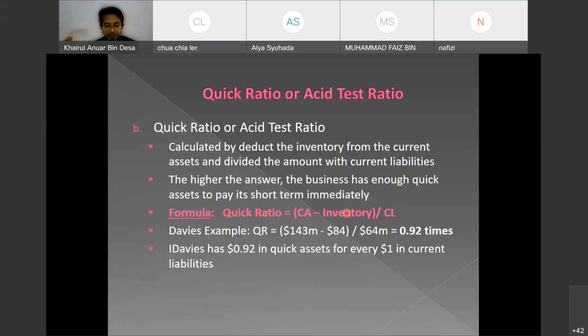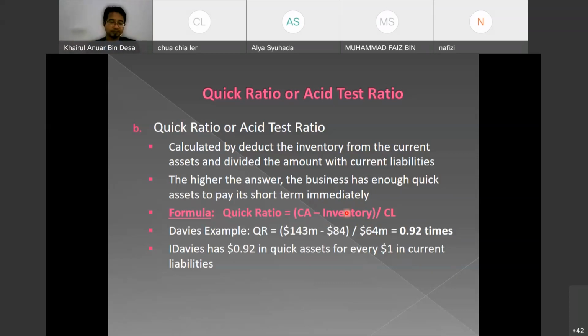Berkemungkinan, the possibility that this company, the selling department, the marketing department, not good enough, not effective. That's why inventory masih ada di dalam syarikat, tidak boleh dikeluar.